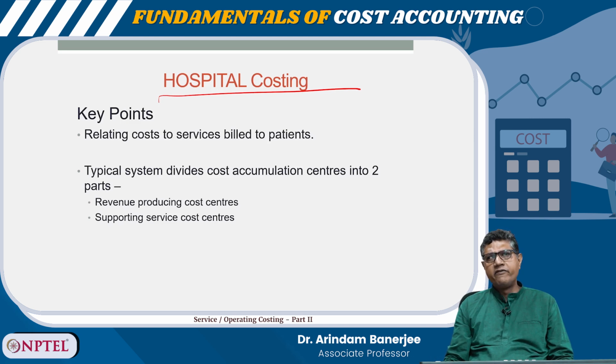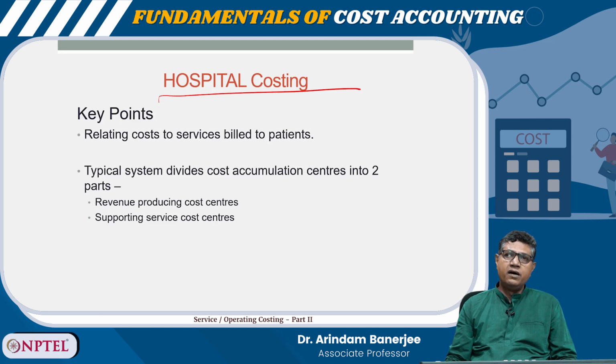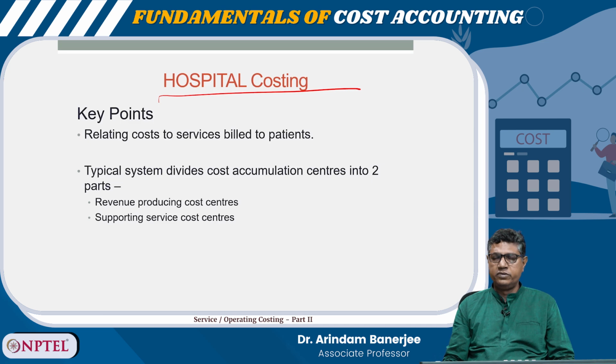First is revenue producing cost centers, and second is supporting service cost centers, right. So, in a hospital, for example, the supporting service cost center can be accounts, and a revenue producing cost center may be the X-ray lab. So, like that we can divide.